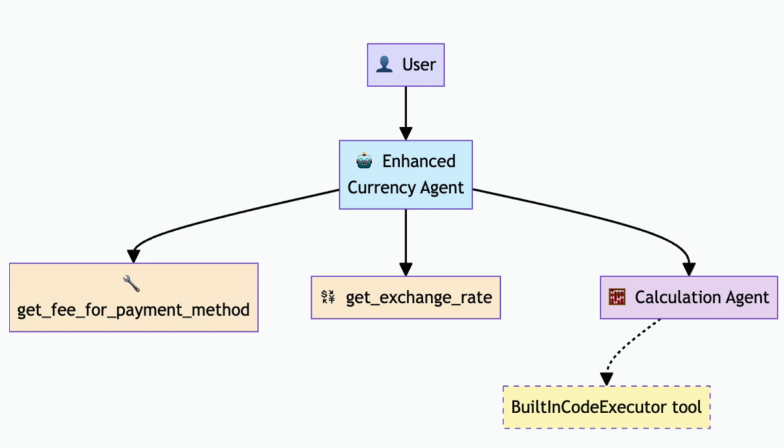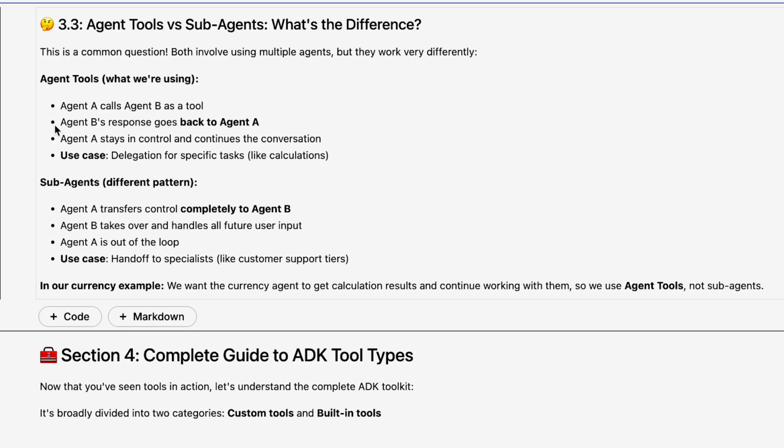So if I come back here and read this now, this will make better sense to you. Agent A calls agent B as a tool. Agent B's response goes back to agent A. Agent A stays in control and continues the conversation, which means the use case in the real world is delegation for specific tasks like calculation in this scenario.